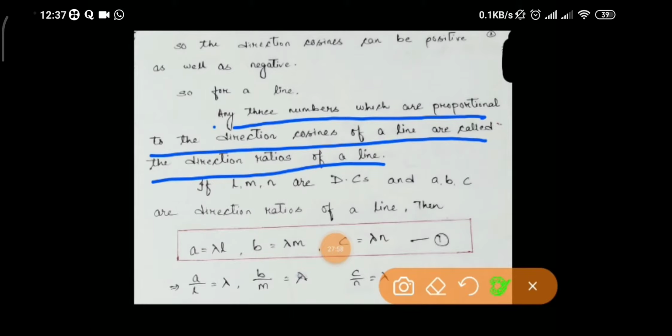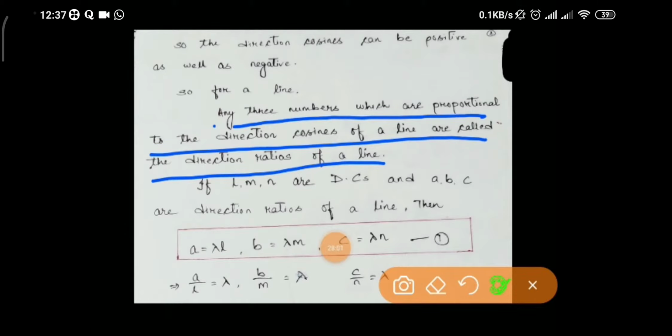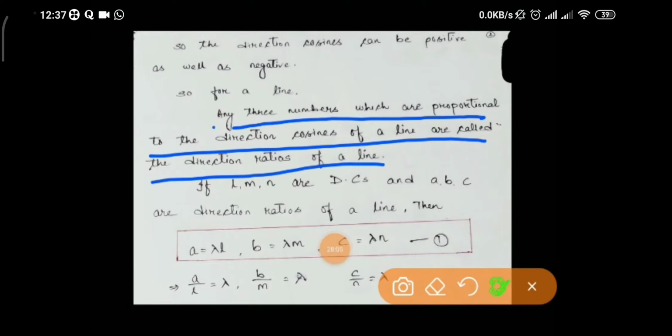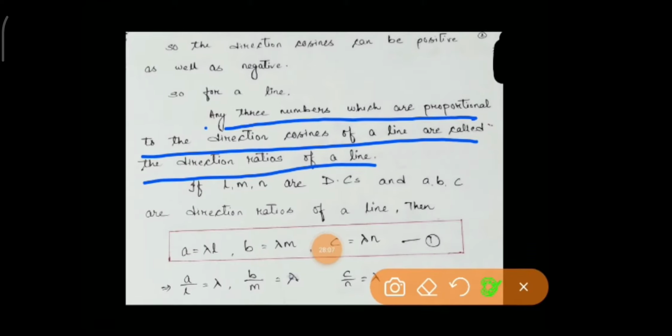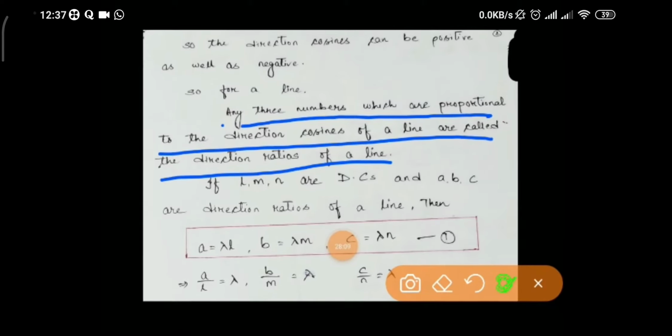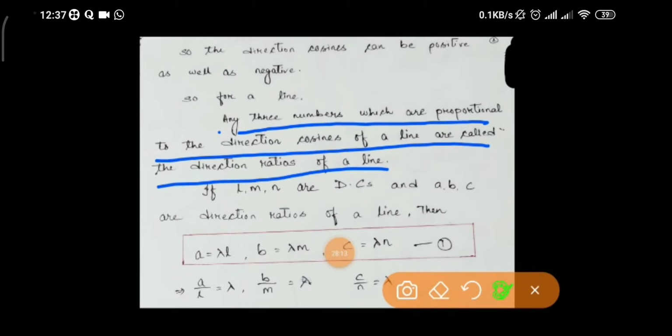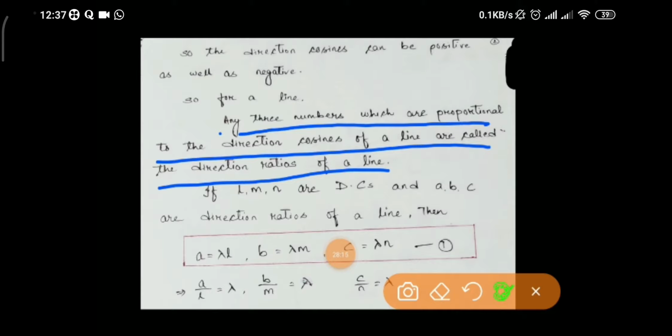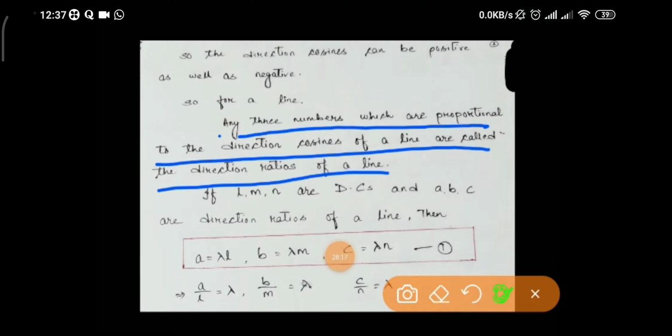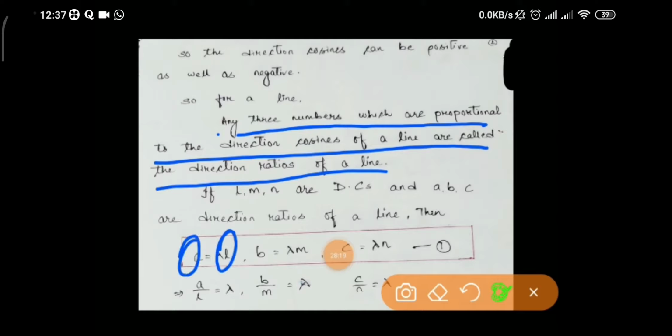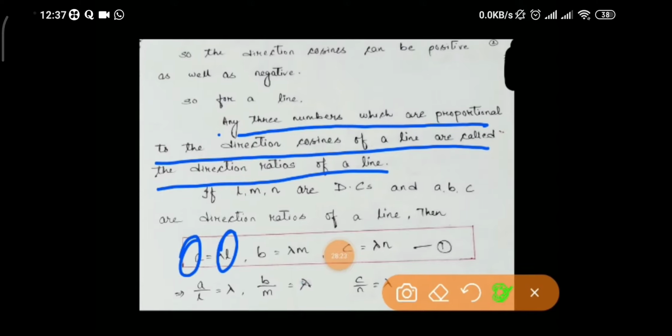Direction ratios will be given to us, or we will find from the line. This is the relation between direction cosines and direction ratios, that direction ratios will be some scalar multiple of direction cosines, or we can say that direction ratios are proportional to direction cosines.